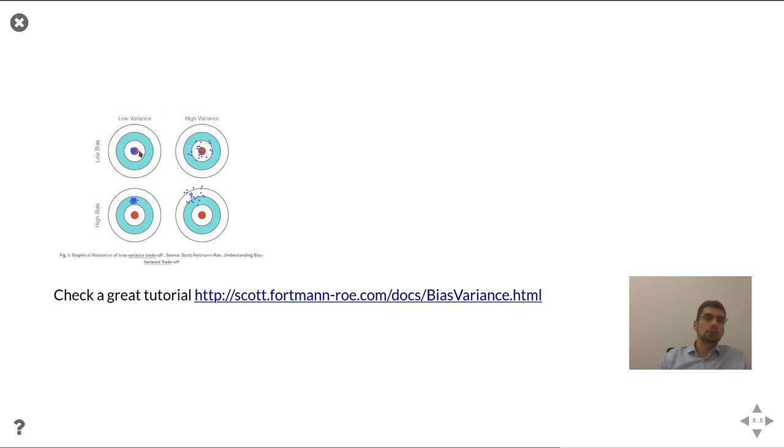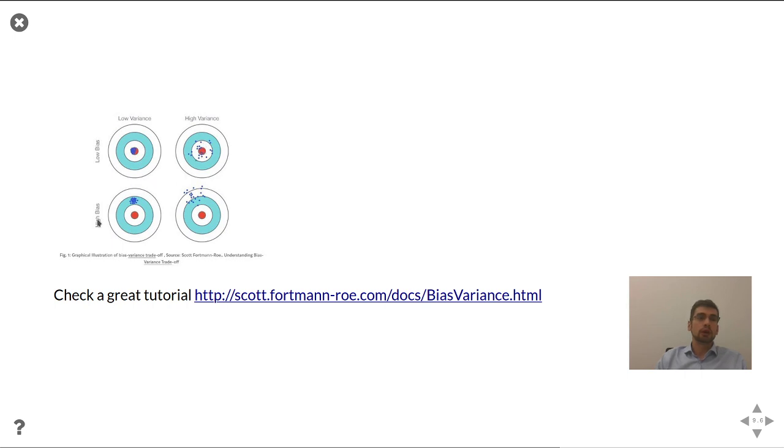So imagine that you are a sniper, and if you have low bias and low variance, then all your shots will be near the central point. If you have high variance, the average of your shots will still be near the right central point, but the mean distances will be higher.